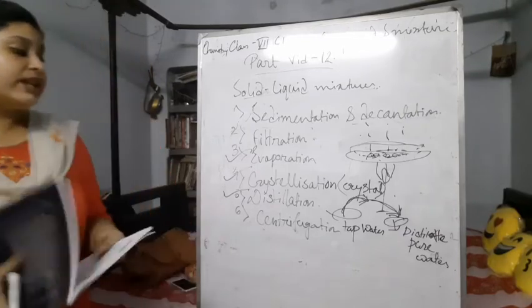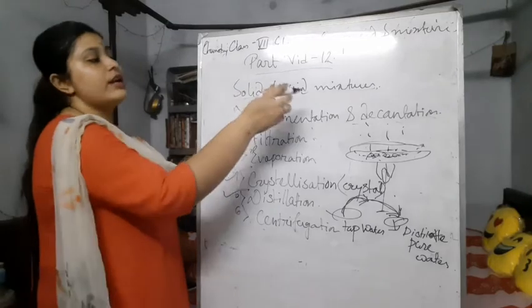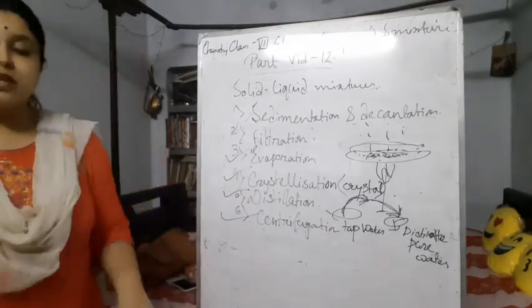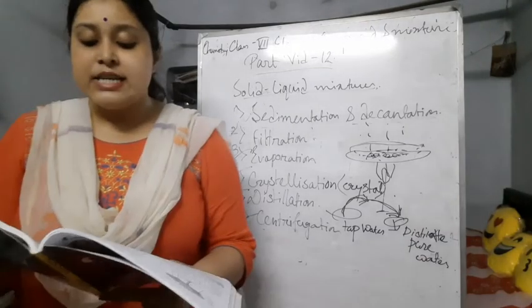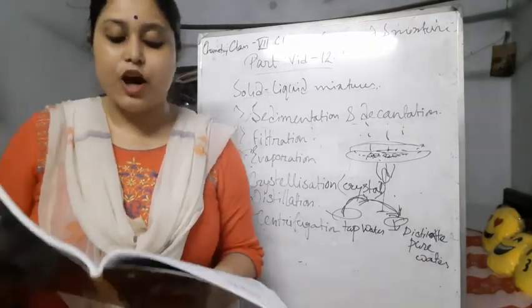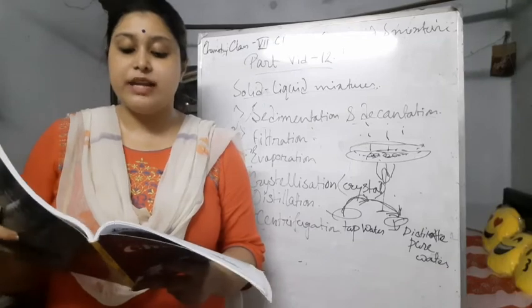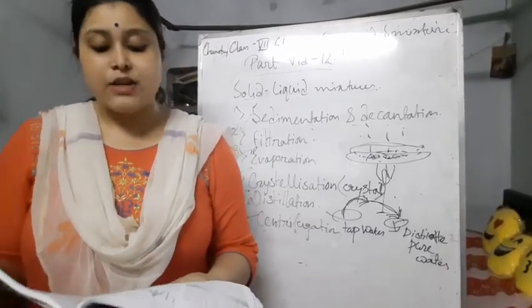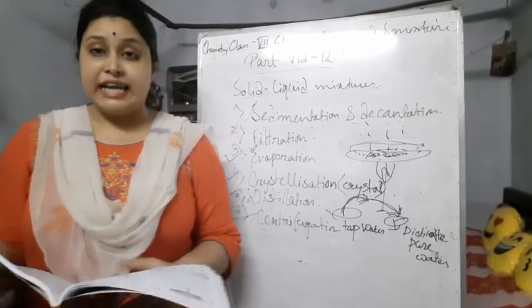The last of the solid-liquid mixture separation procedures is centrifugation. What is centrifugation? Centrifugation is the method of separating solid from liquid where the mixture is homogeneous. This is also called churning.